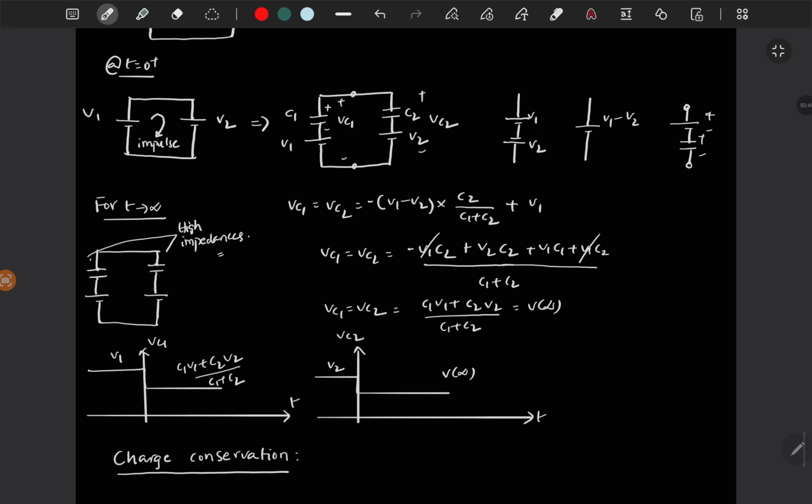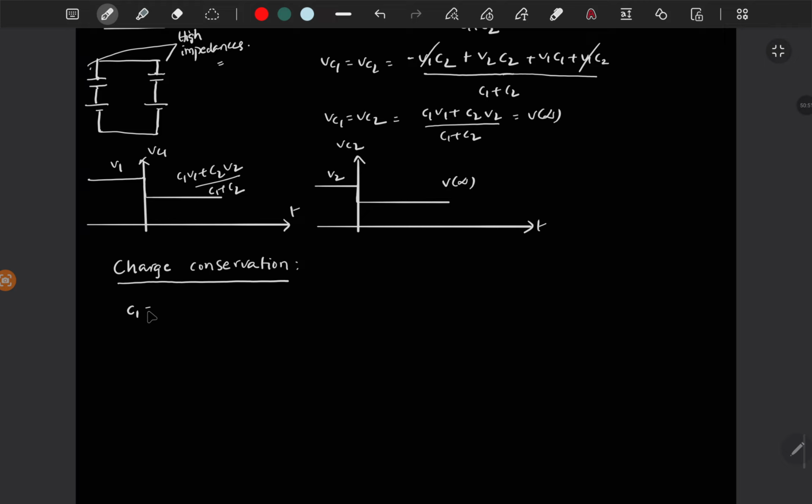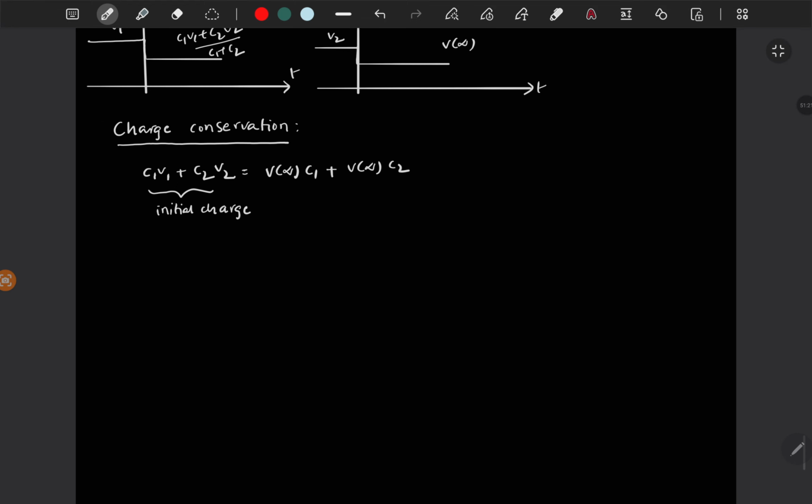So the total initial charge, Q is equal to CV. For C1 you will get C1 V1, and for C2 you will get C2 V2. So this is the initial charge. What is the final charge? Both the capacitors will go to the same voltage, right? That same voltage I am assuming as V of infinity. So you will get C1 into V of infinity, and for C2 also V of infinity into C2. This is the final charge.